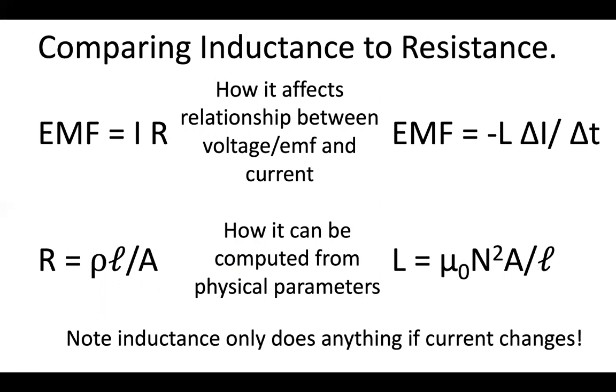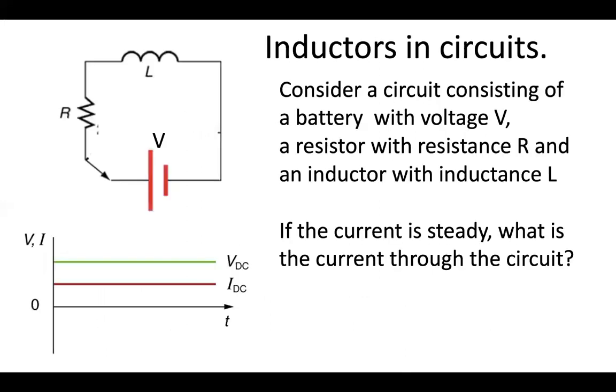Now, this is another thing that exists in circuits, but it has a different behavior than resistances, in that this is only relevant if the current changes. And so we're going to look at a few examples where that can be relevant. For example, let's consider the following circuit.